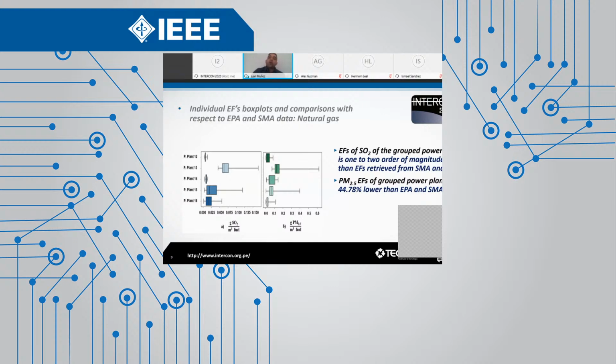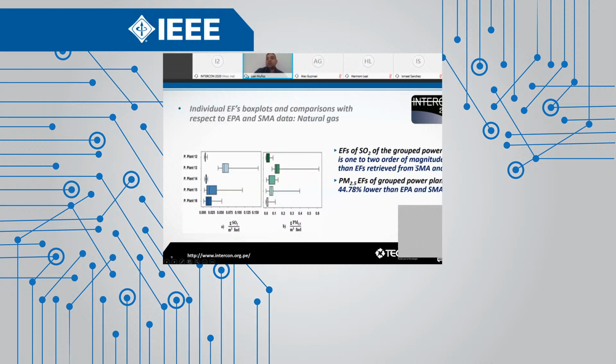Okay, so what does this mean? That it's better to model in terms of emission each individual power plant as a single one and not as a group together. And in this case, for this kind of source, you can see that even the SO2 emission factor is 1 to 2 orders of magnitude higher than the emission factor retrieved from SMA and EPA.